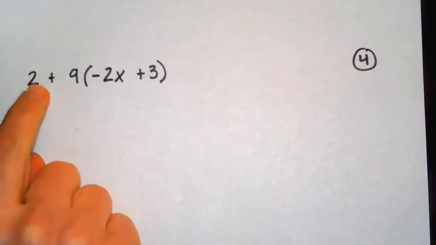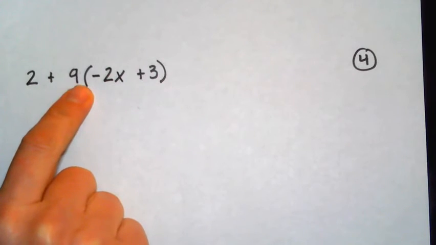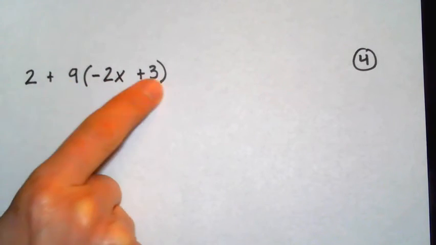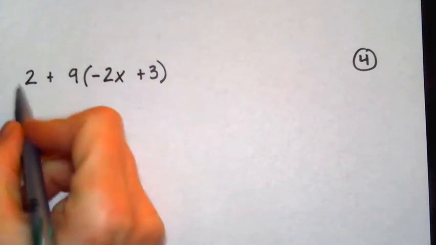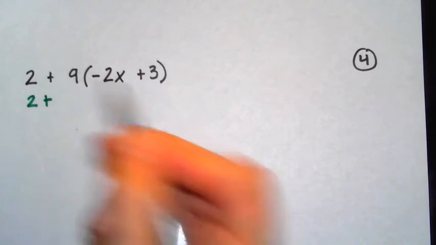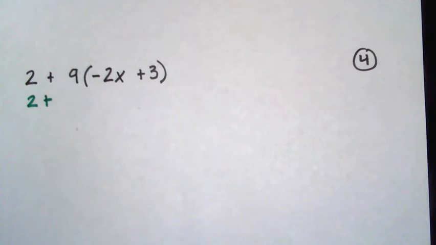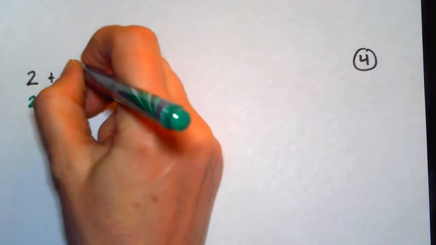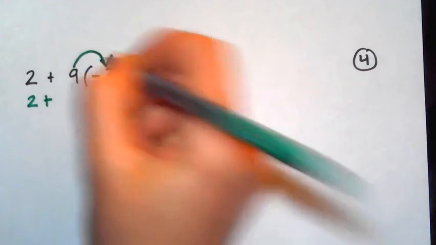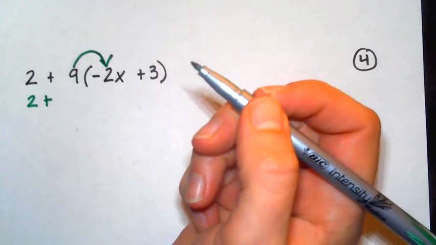Ooh, now instead of an x term out here, I just have a constant. It still has to wait and hang out. It can't add with this because first you got to take care of the multiplication. Multiplication before addition. 2 plus, you just wait right there until we get all of these terms out of the parentheses. Then we can do some combining. And take 9, multiply it by negative 2x.